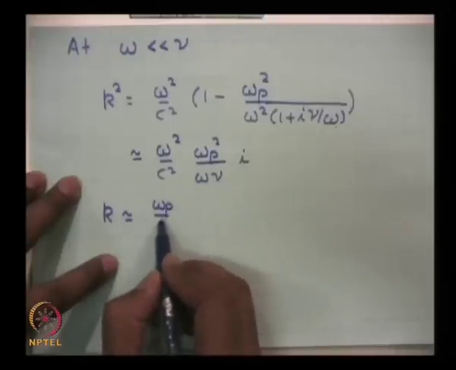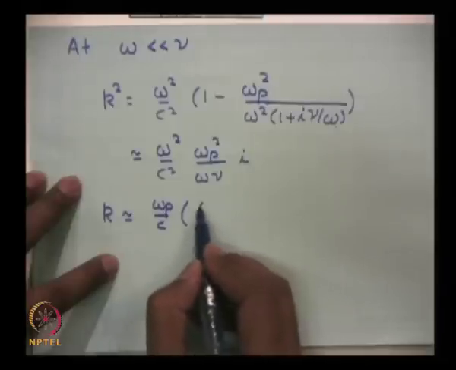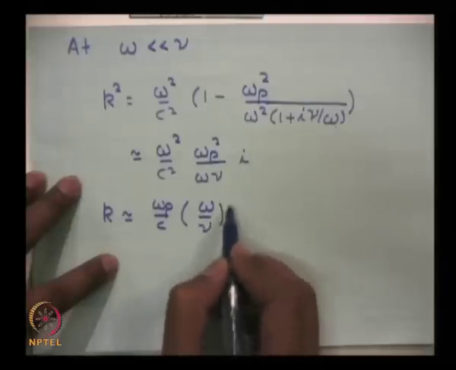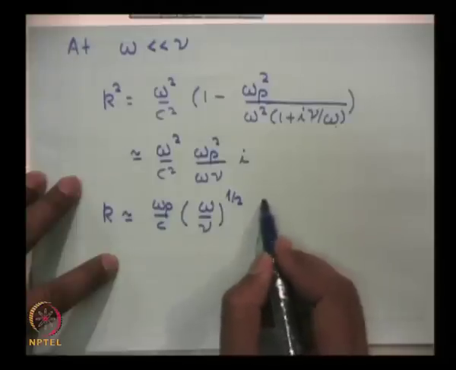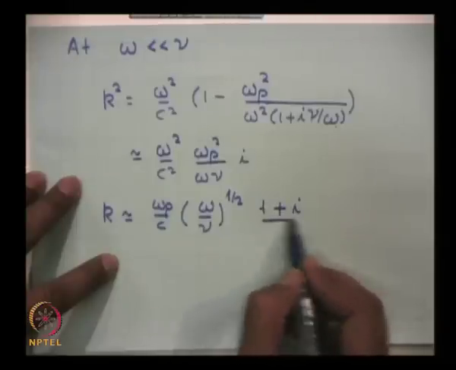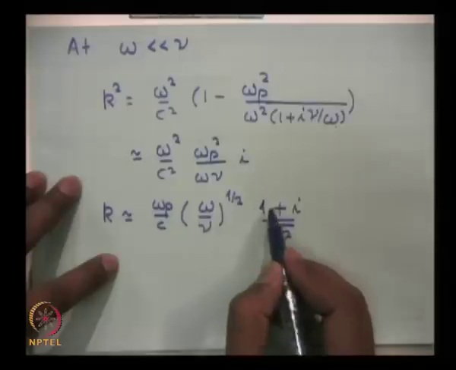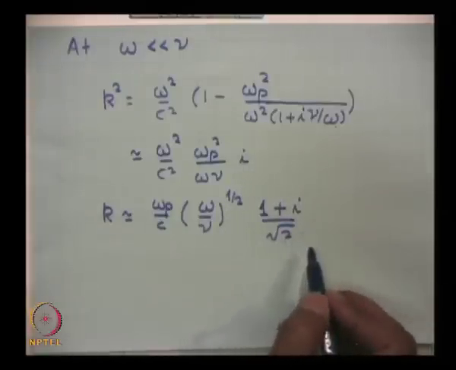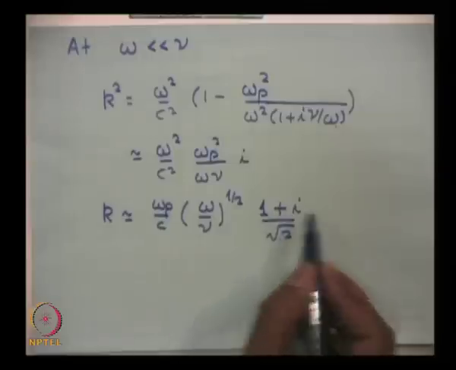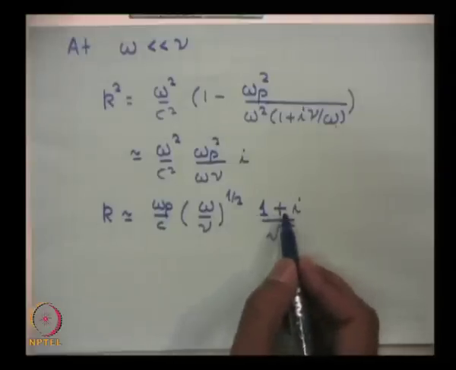p by C into omega upon nu to the power half, and this I will give you 1 plus I upon root 2. This is the under root of iota I. So K has a real part and imaginary part of equal magnitude.